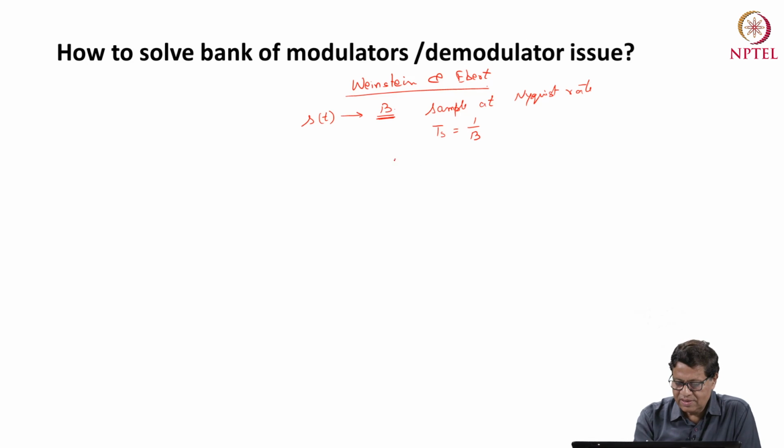So I get a uth sample, which is at instant uTs.